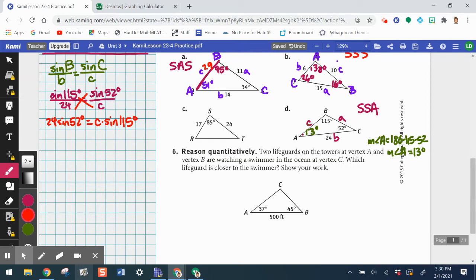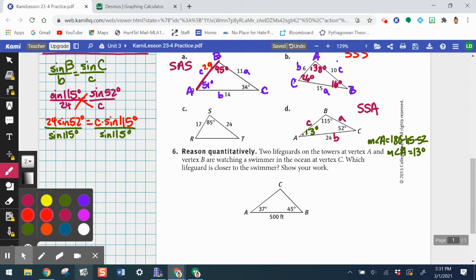And since our goal is to find the length of c, and this is c times the sine of 115, we're going to go and divide both sides by what we're multiplying by, the sine of 115. So when you divide by what you're multiplying by, it cancels.